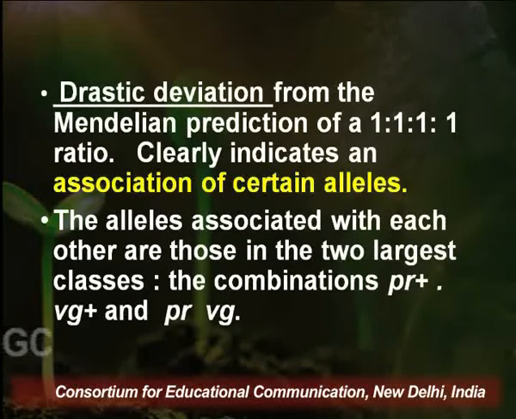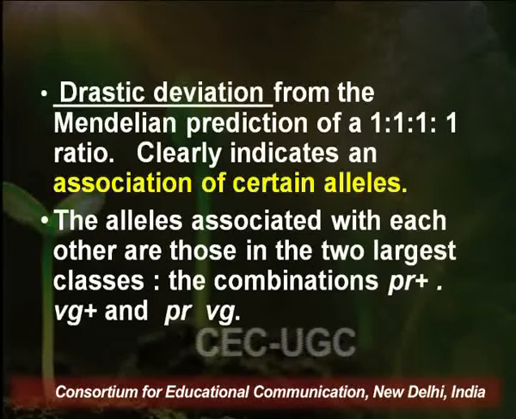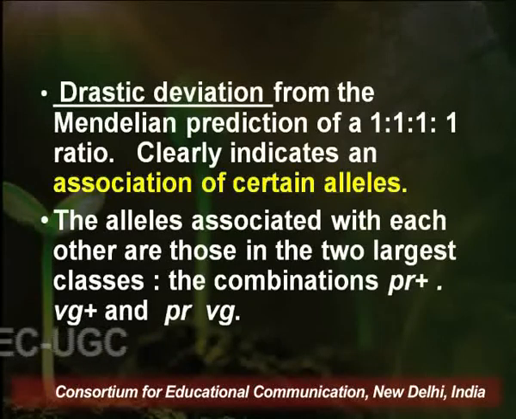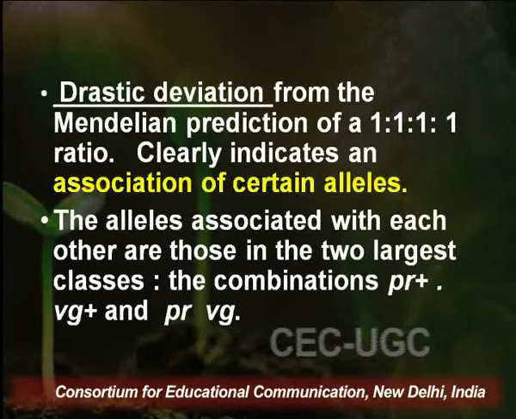The two largest classes were the combinations pr+ and vg+, which would mean the red-eyed and the normal wings. On the other hand, the individuals with the purple eye and the vestigial wings.